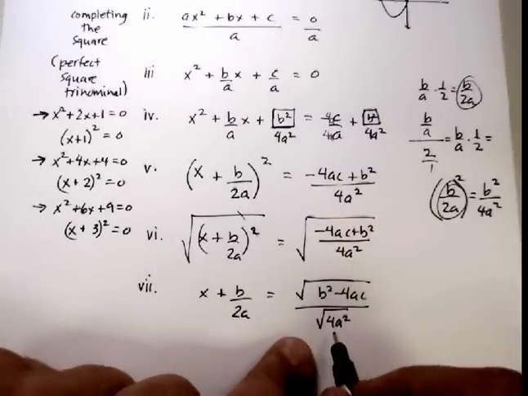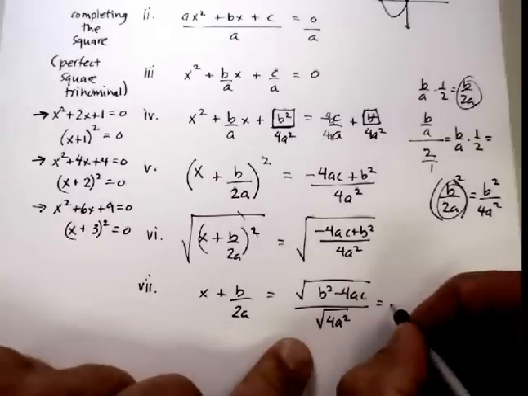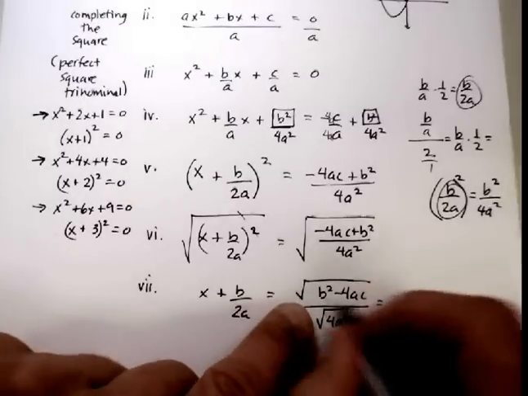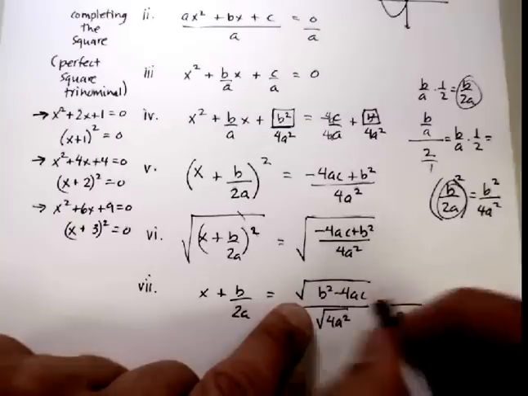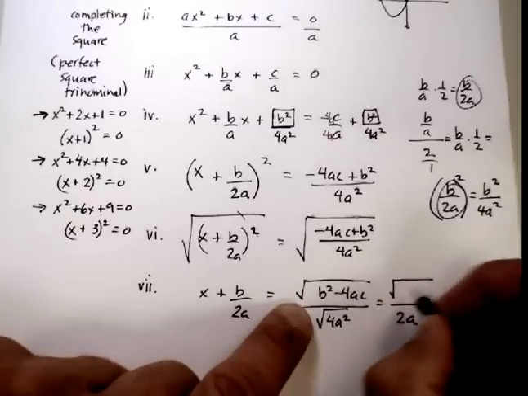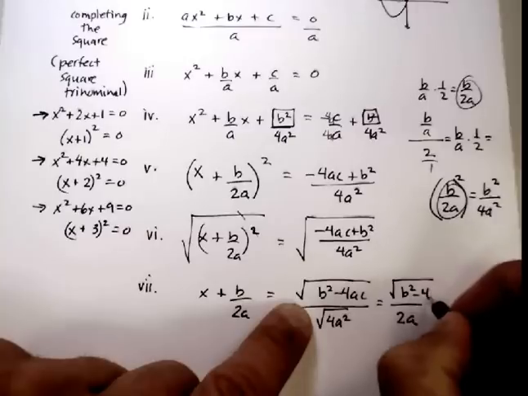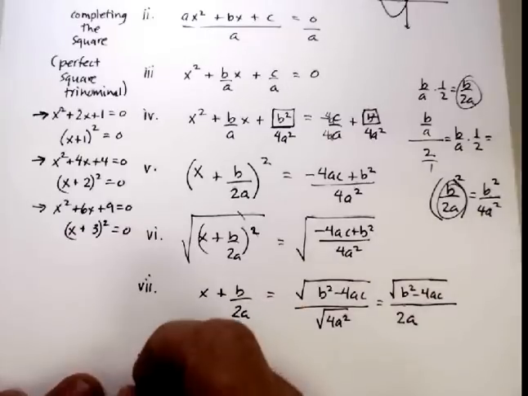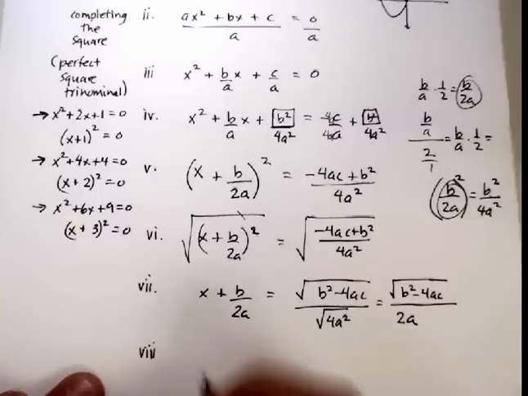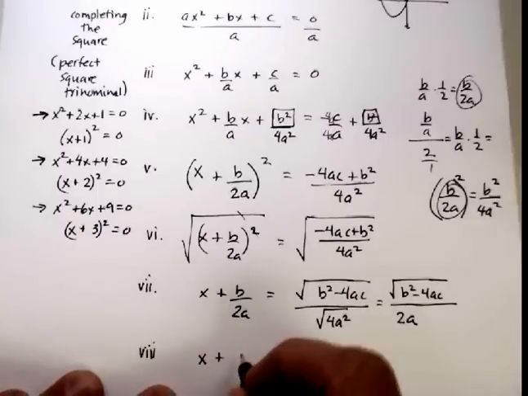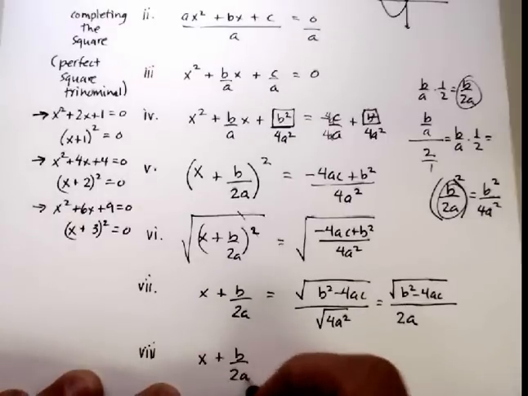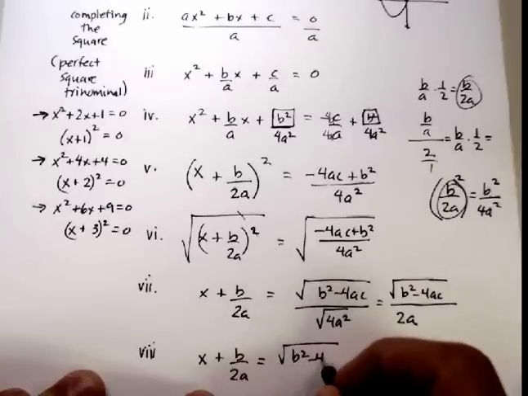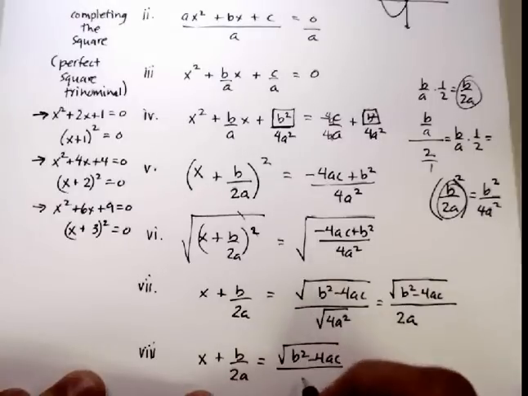But what is the square root of 4a squared? It's just 2a. And this one we don't know because there's an addition and subtraction up there, so we just have to leave it alone. So it's b squared minus 4ac. All right, we're getting close now. So now I've got x plus b over 2a is equal to the square root of b squared minus 4ac all over 2a.